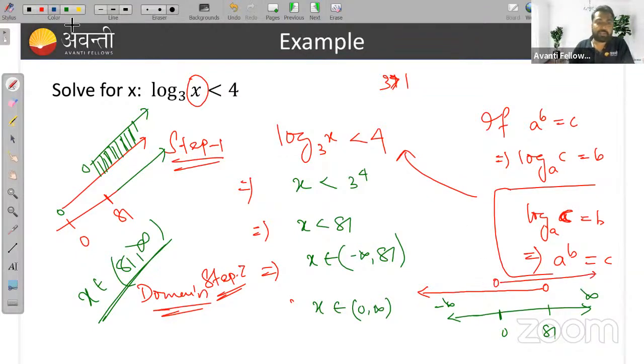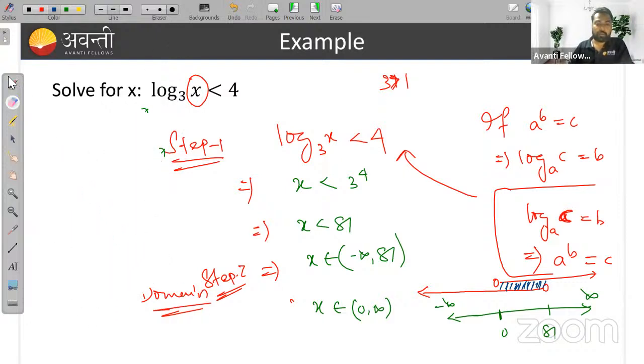So what is the solution region you are getting? The solution region will be 0 to 81, so x belongs to 0 to 81. This is your solution region, okay?